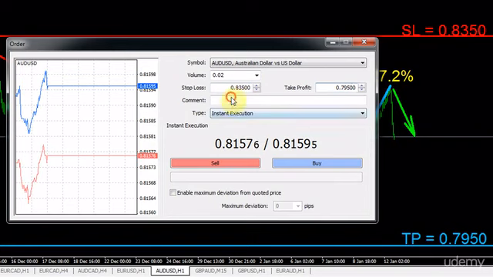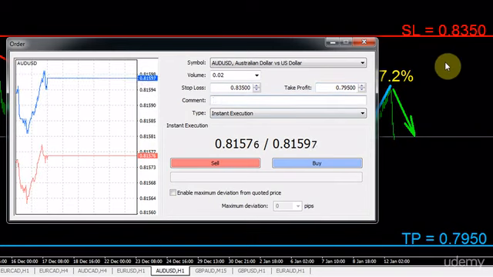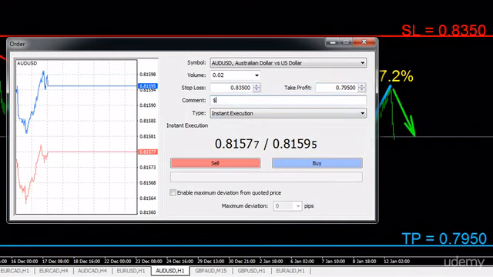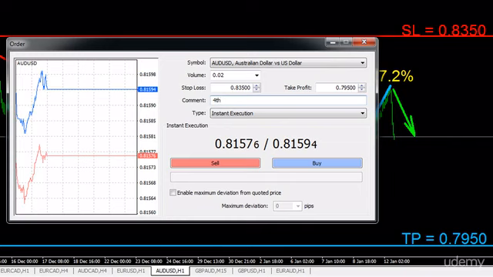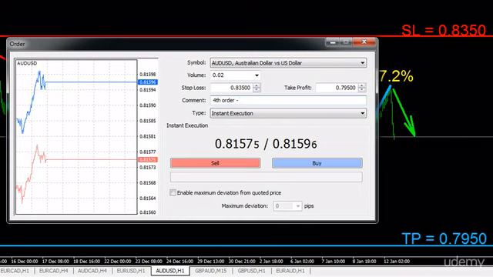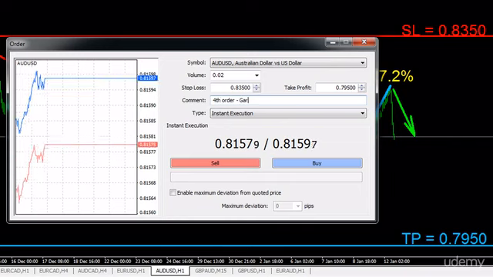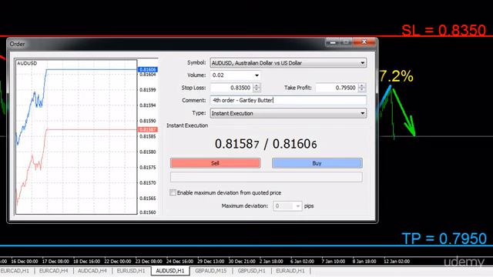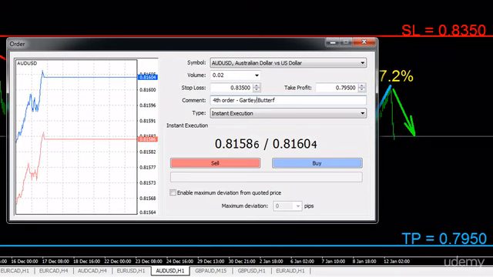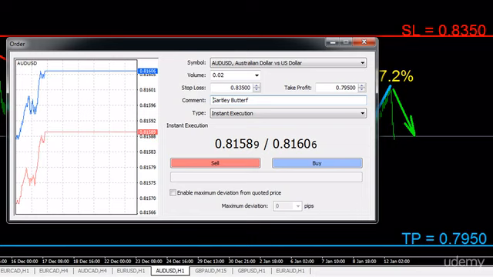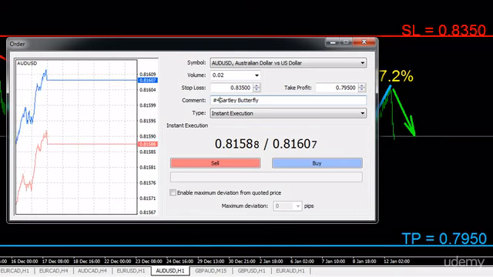For the comment, let's call this fourth order, Gartley butterfly. Oh, it doesn't fit. Let's just call it Gartley butterfly, and at the start I'll say number 4.